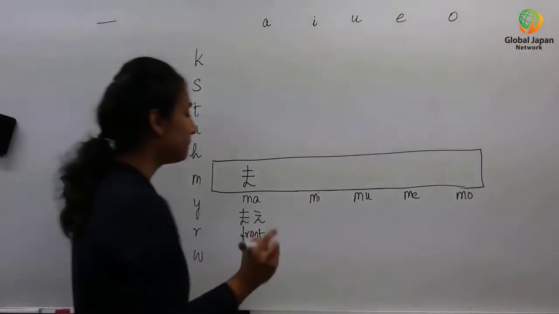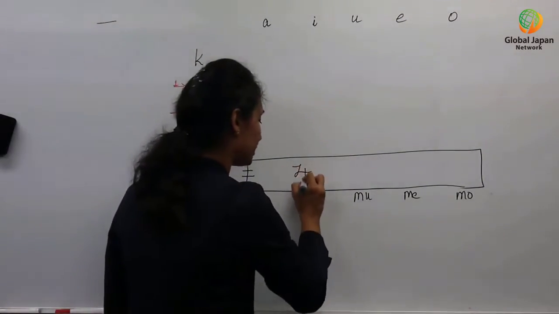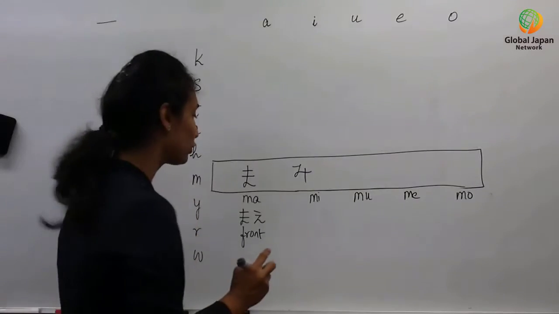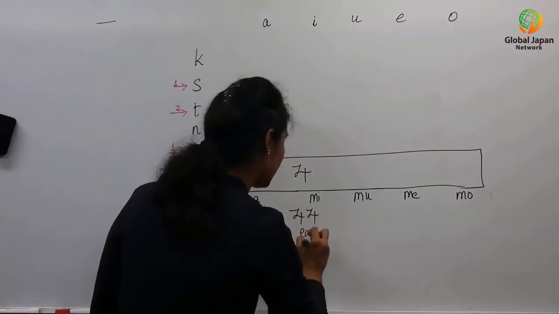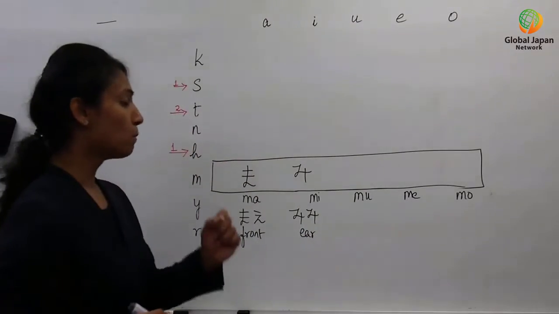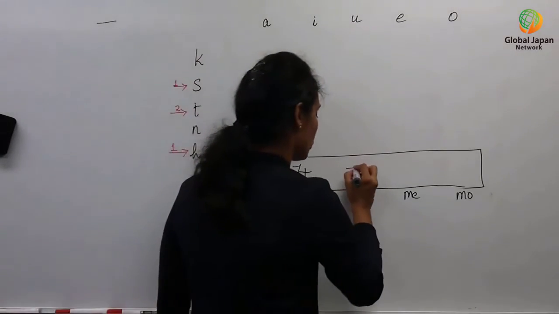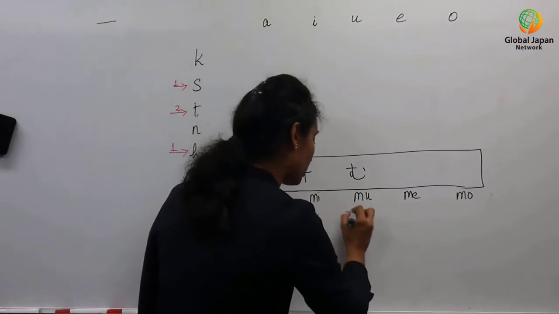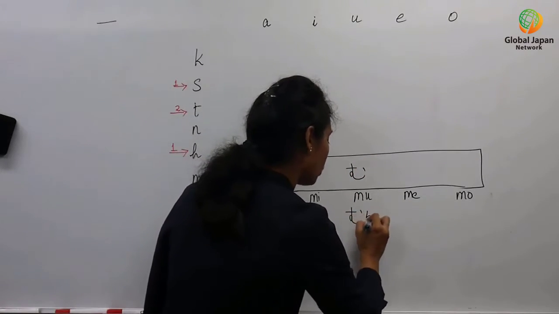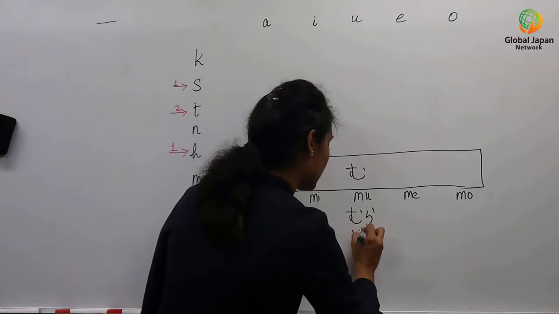Mi is written like this. An example word for this is ear. Mimi means ear. Mu. An example word, mura, means village.